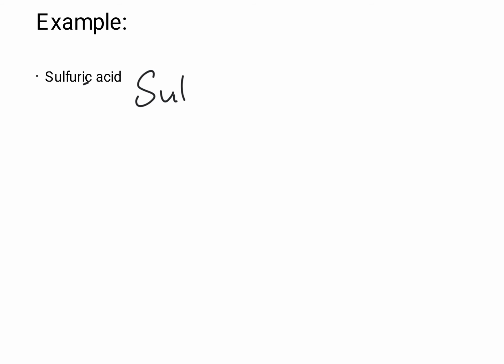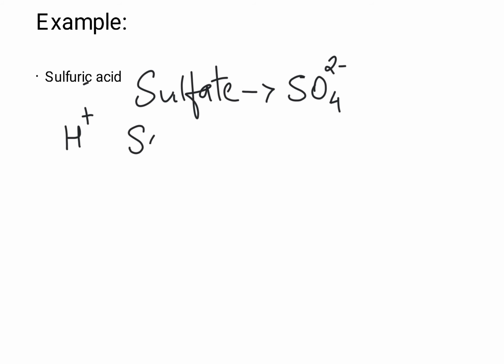Sulfate is SO4 2 negative, and now SO4 2 negative is combining with H, which is 1 positive, and so you have H, which is 1 positive, SO4, which is 2 negative.